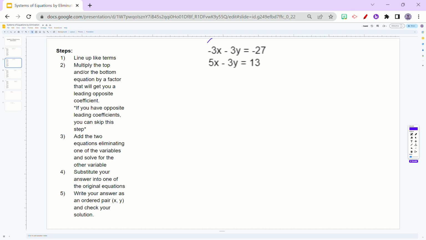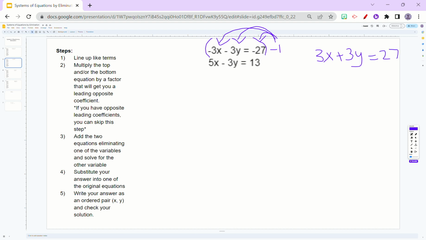I'm going to choose to multiply the top equation by negative 1. So negative 1 times 3x is 3x, negative 1 times negative 3y is positive 3y, and negative 1 times negative 27 is positive 27.